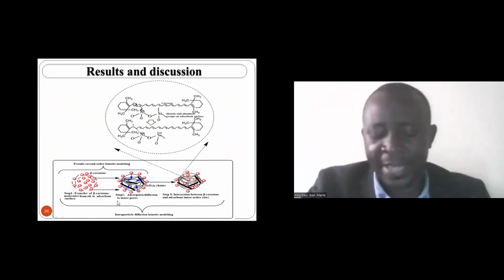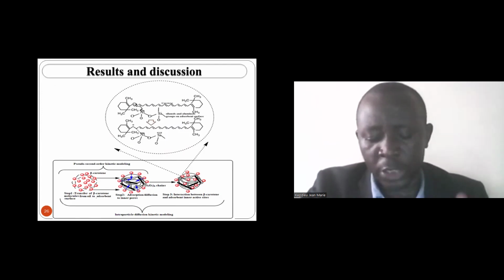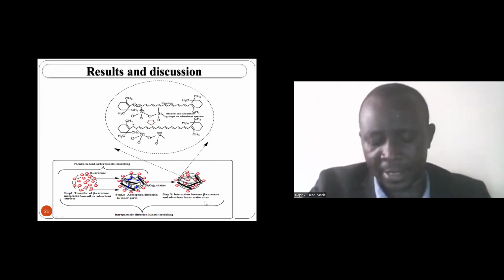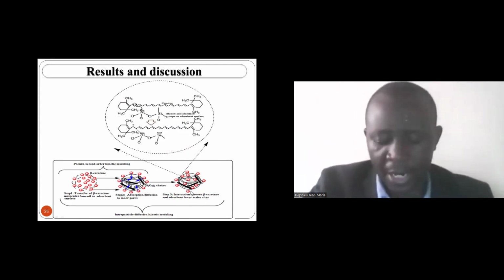The first step is the external diffusion of beta-carotene molecules from the oil to the adsorbent surface, and the adsorption at the surface. The second step may be the internal diffusion of beta-carotene to the inner active sites of the adsorbent. And the third step is the adsorption of the molecule on the surface.